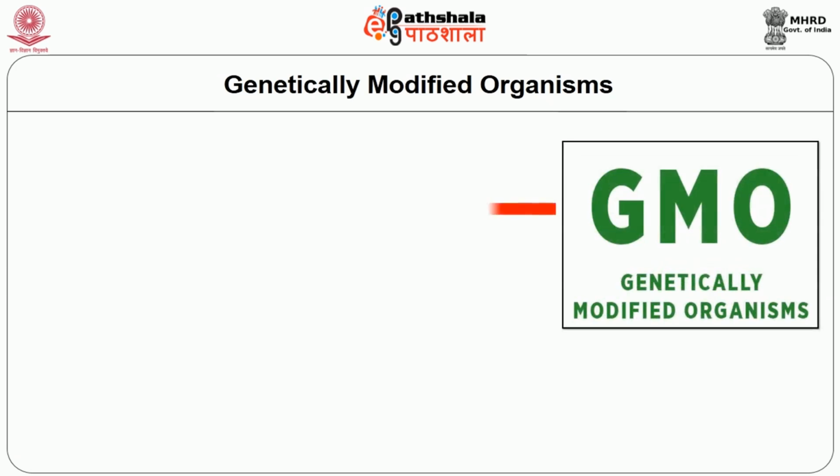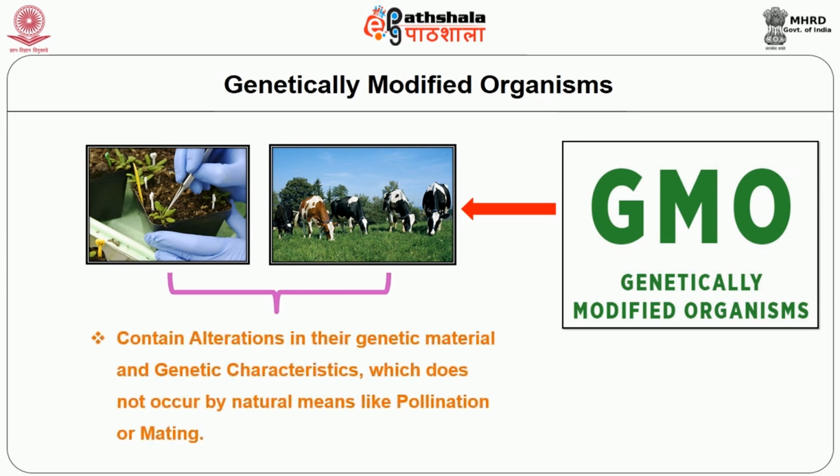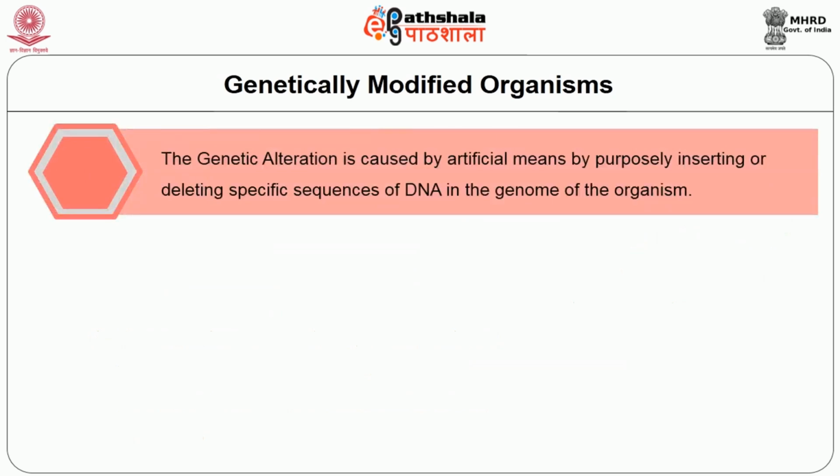GMOs are generally plants or animals that contain alterations in their genetic material and hence genetic characteristics which do not occur by natural means like pollination or mating. The genetic alteration is caused by artificial means, by purposely inserting or deleting specific sequences of DNA in the genome of the organism.